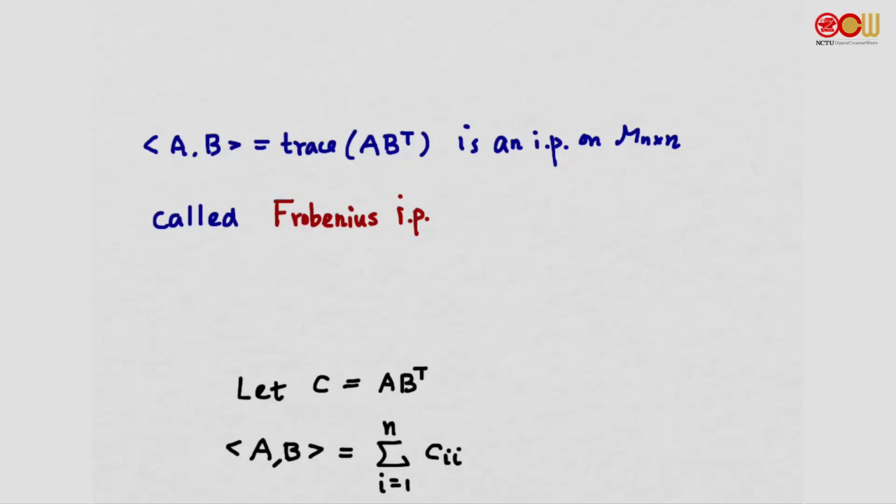Let's take a closer look at the Frobenius inner product and see what we are computing here. Suppose C is A B transpose.